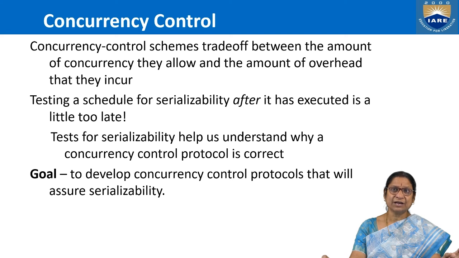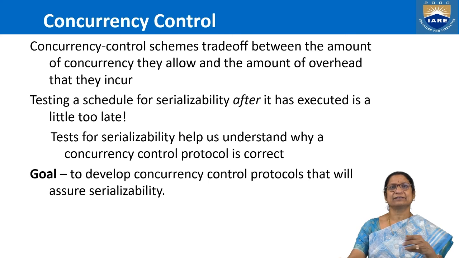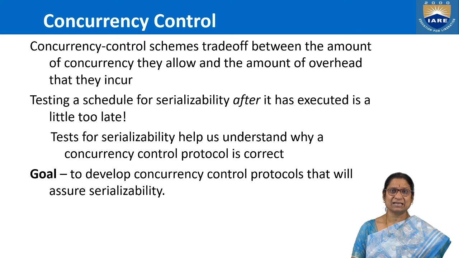The concurrency control schemes trade off between the amount of concurrency they allow and the amount of overhead that they incur. With more transactions in a schedule, checking of serializability and everything will take more time. So the size of the concurrency and the overhead of maintaining that concurrency must be considered so that our database management system is more effective.